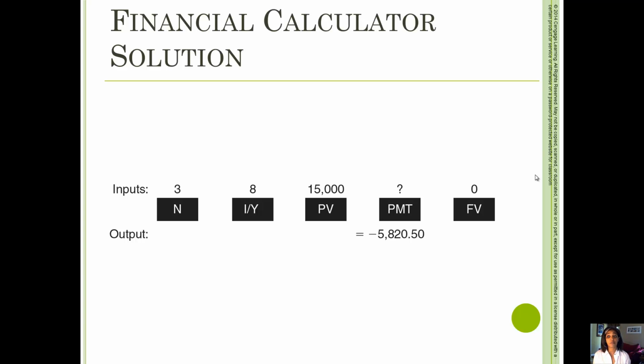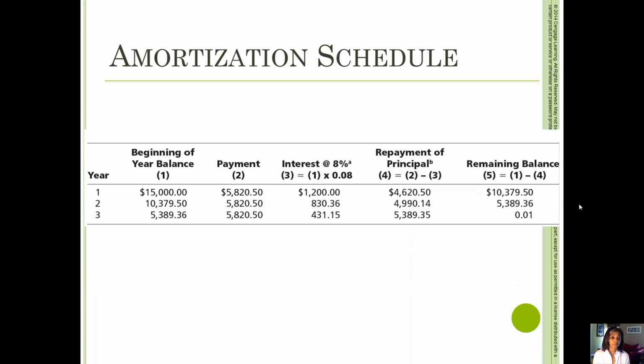Future value will be 0 because we're going to pay this loan off by making those regular equal payments, and when we compute payment, we find out that the payment amount is $5,820.50. Now that's going to be negative because that's a payment that we are making, so it's a cash outflow.